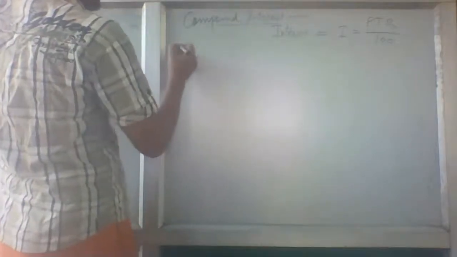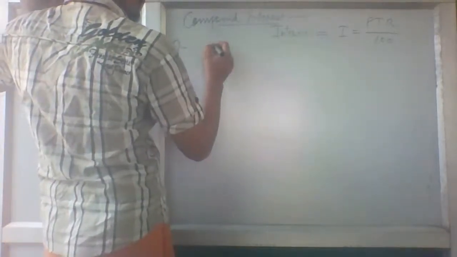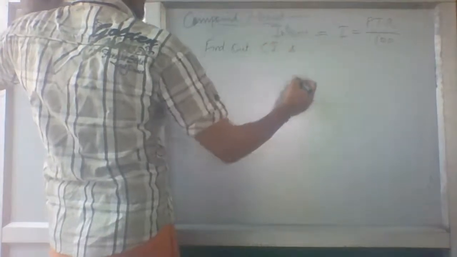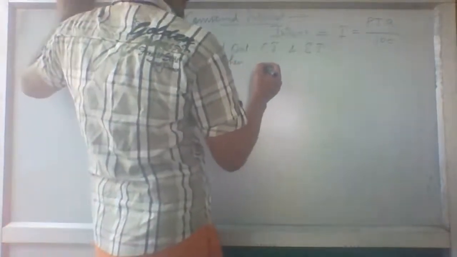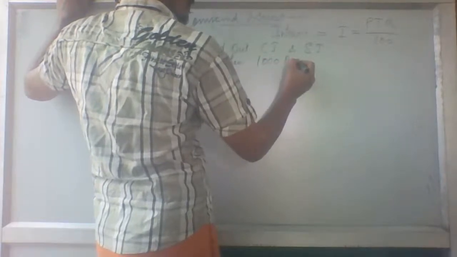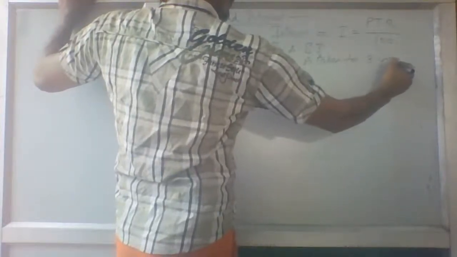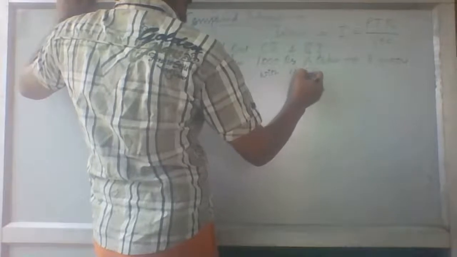What is that example? Suppose I am going to write a question over here. The question is: find out compound interest and simple interest when a principal of 1000 rupees is taken for 3 years with 10% interest.